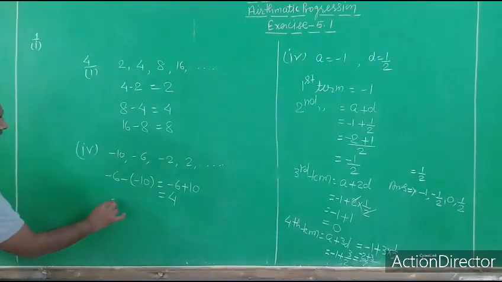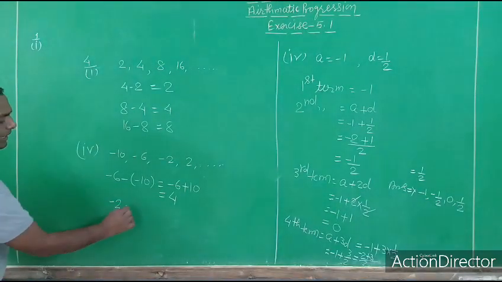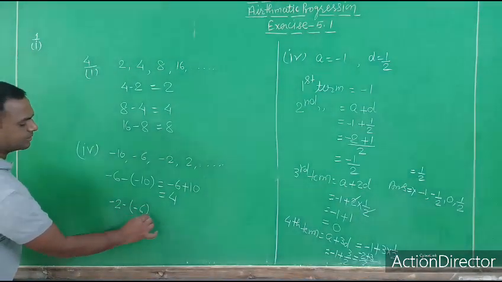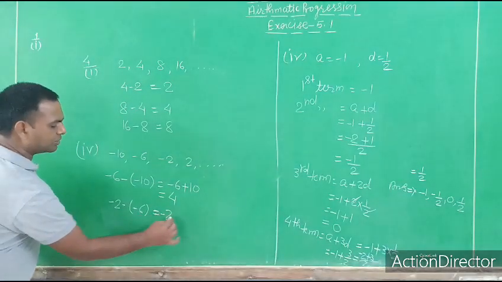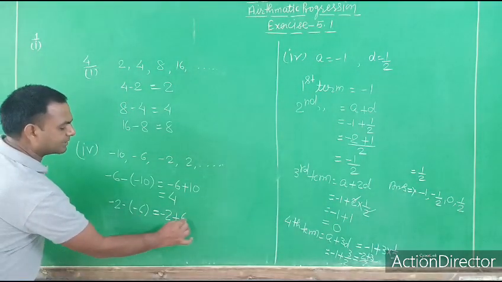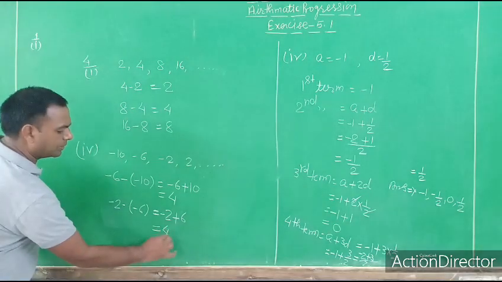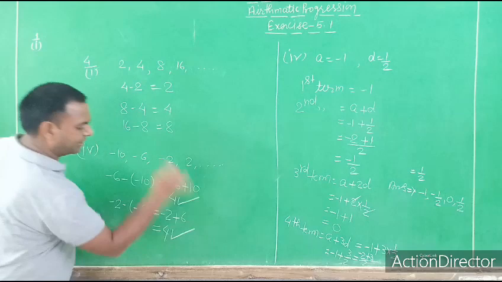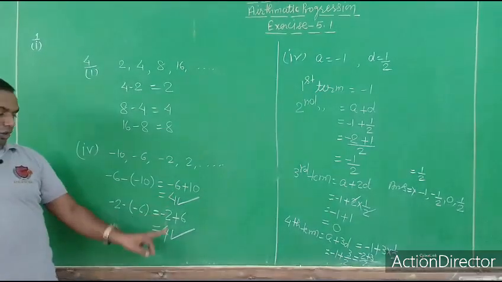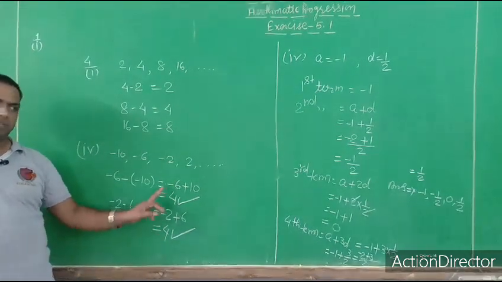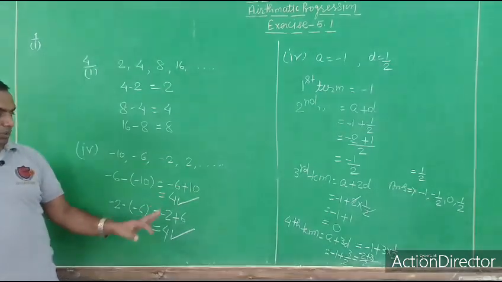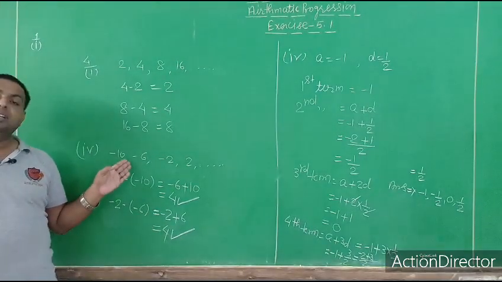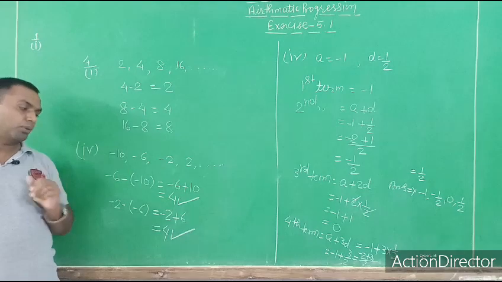Second condition, you see minus 2 and minus 6, so minus 2 and plus 6, and this is equal to 4. In both conditions the common difference is the same. If the common difference is the same, then you can say this question is related to arithmetic progressions.